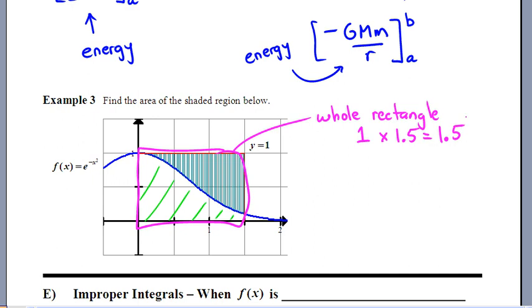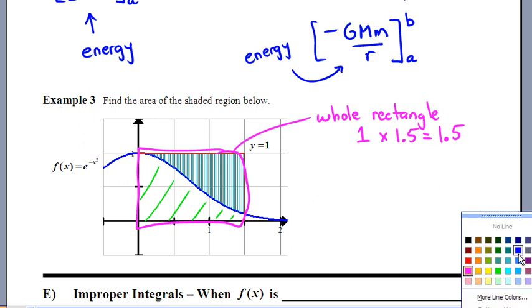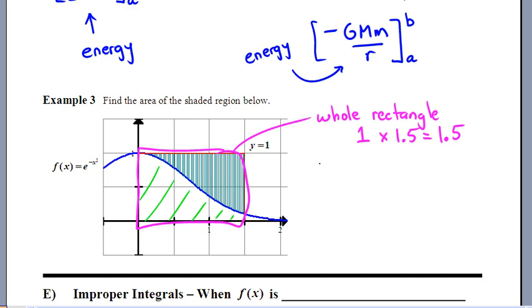So if I want to find the area shaded in dark, I'm going to find the area shaded in green using some calculus, and then I can subtract. But here's the problem. I've picked this one deliberately, because if you sit here and try to do an antiderivative of e to the negative x squared dx, it's kind of weird.